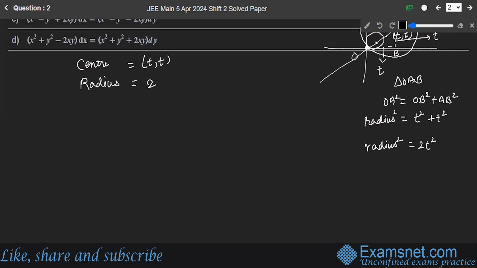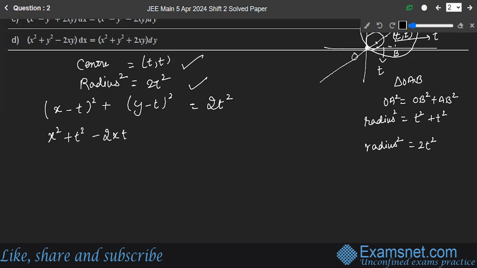Here's your radius, right? Now the general equation of the circle, when the center and the radius are given to you, with this as radius square, is given by (x minus t) square plus (y minus t) square is equal to 2t square. Open it up: x squared plus t squared minus 2x into t, y squared plus t square minus 2y into t is equal to 2t square.